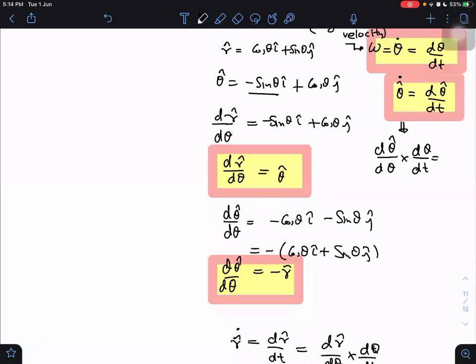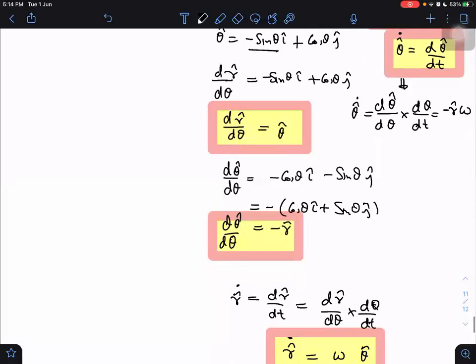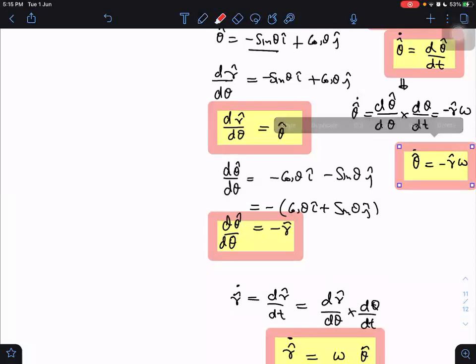So we are going to write minus R cap into omega, that is equal to theta cap dot. This also I will be using again somewhere. Theta cap dot is minus R cap into omega. Let us put this also in a circle.